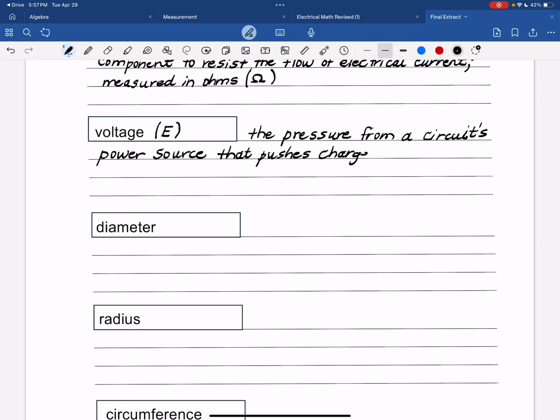and what's that stuff where we define charged electrons? What's the other component of ohms that goes with that? That's current. So voltage pushes current through a conducting loop.